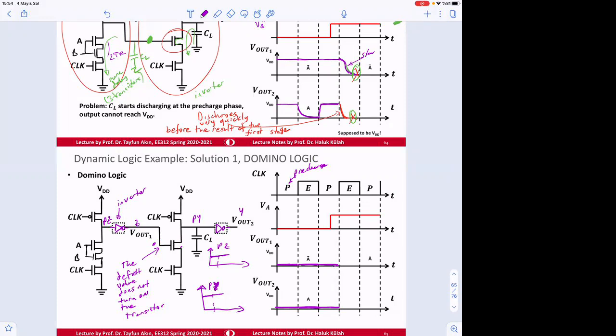So let's say this is going to be going high, but it will take time. It takes time because of the 2 transistors here. So this one during the evaluation will wait until this one goes high, then this goes high.